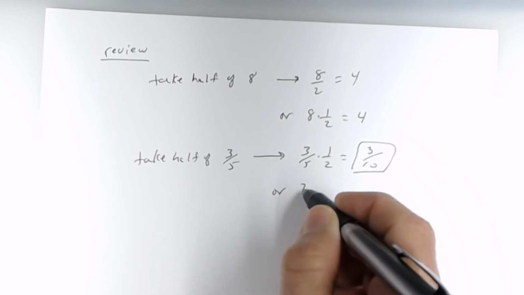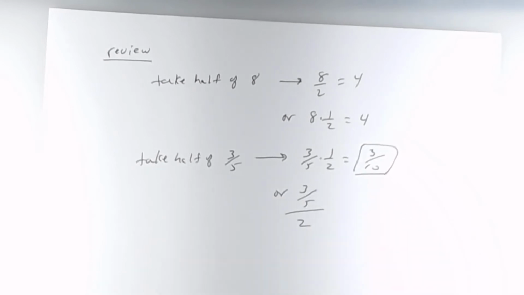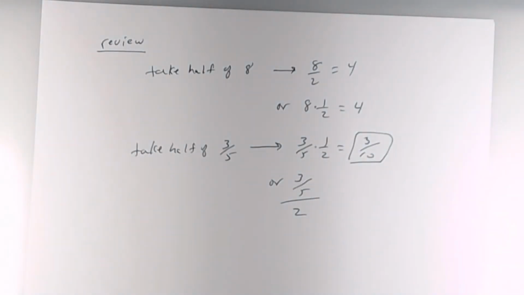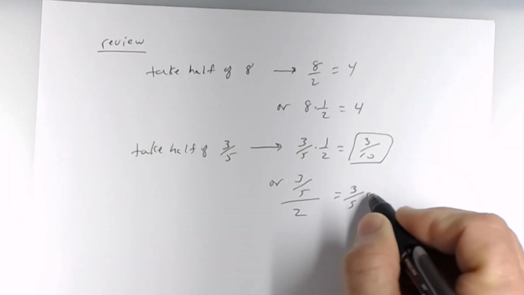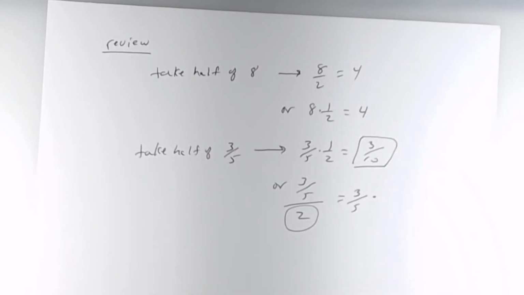Or I could take 3/5 and divide by 2. Now you may remember that part from Math 97, from 3 semesters ago if you took that course. How do you divide fractions? You multiply by the reciprocal. So you take the fraction that's in the numerator, which is 3/5, and you multiply by the reciprocal of the number that's in the denominator.